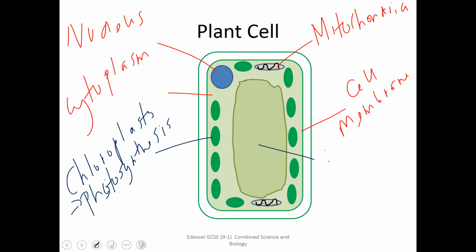We then have this structure known as the vacuole. The vacuole stores cell sap and helps keep the cell firm and rigid. This provides rigidity.